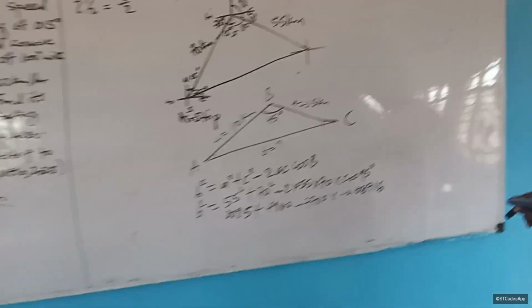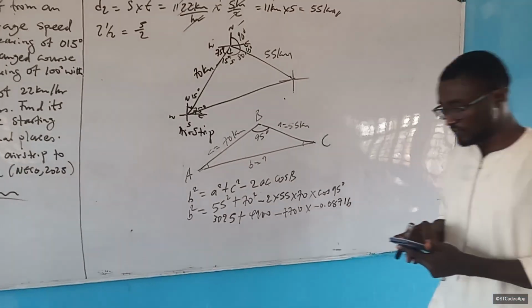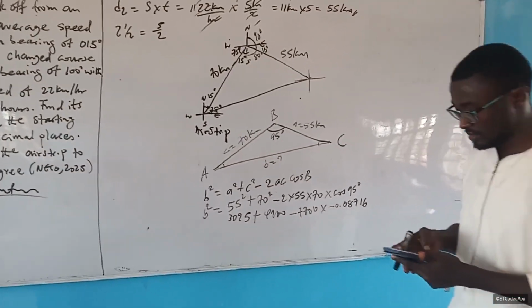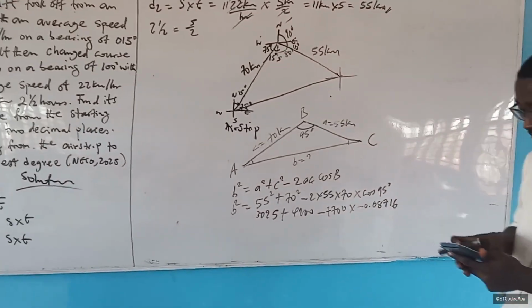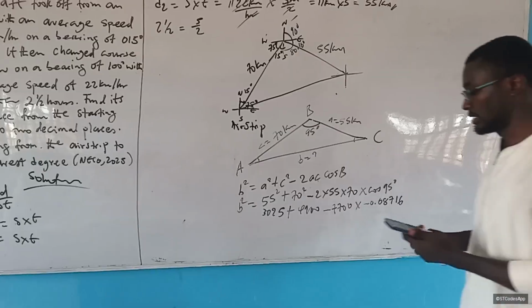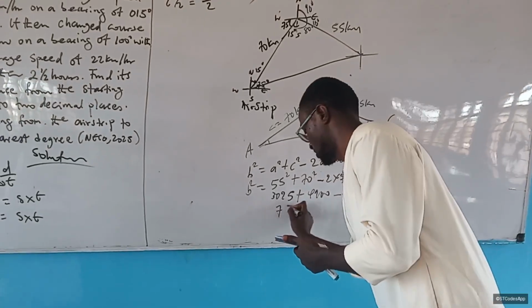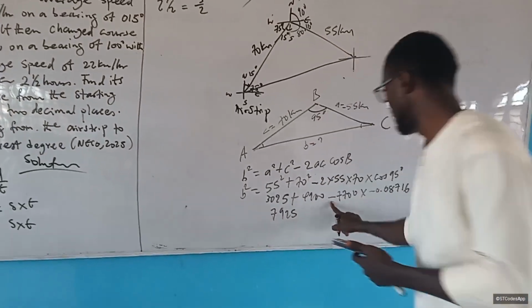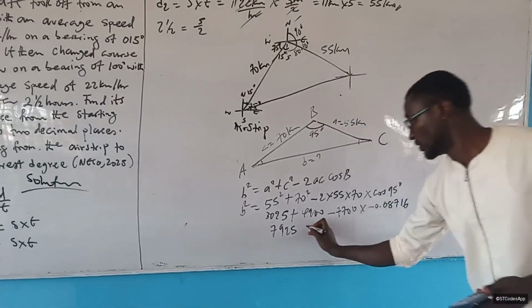Now we take the sum and subtract the product of these two numbers. So we have 3,025 plus 4,900, that gives us 7,925. Then minus multiplied by minus is plus.